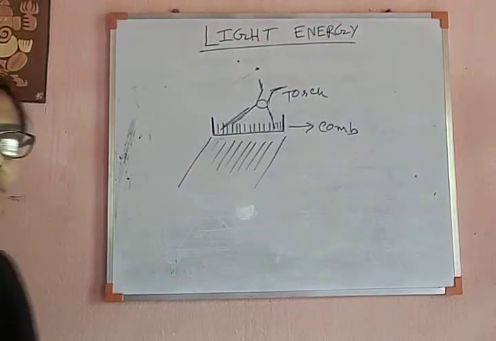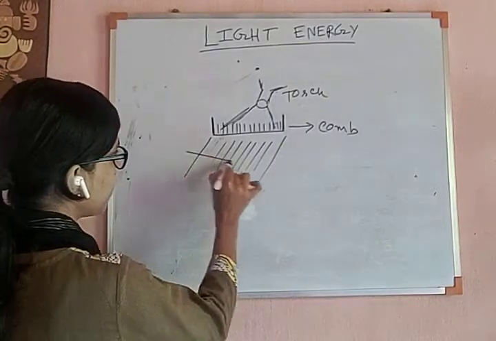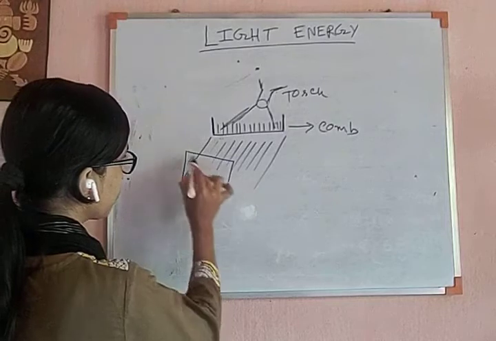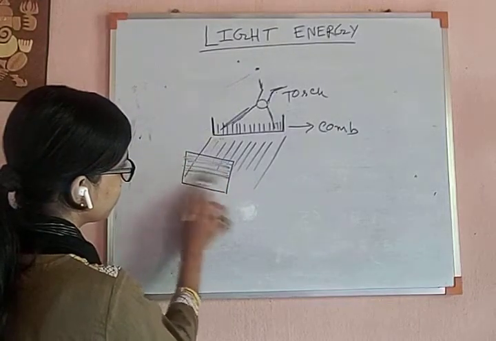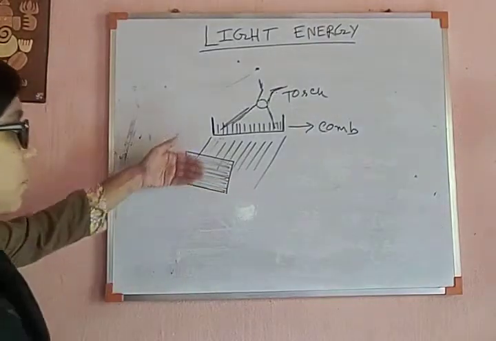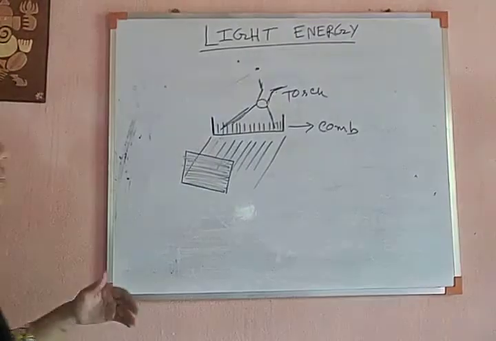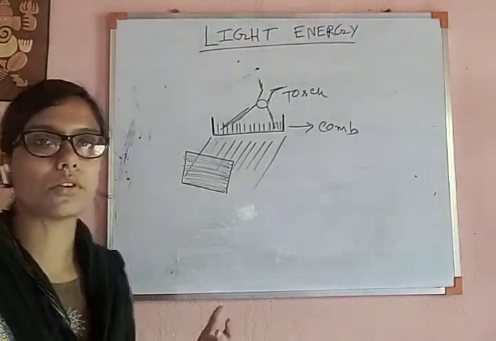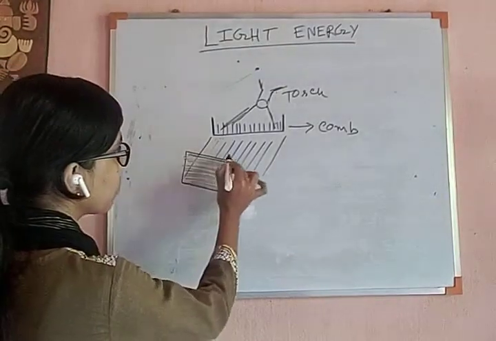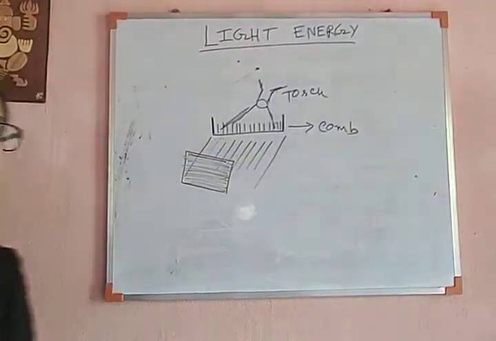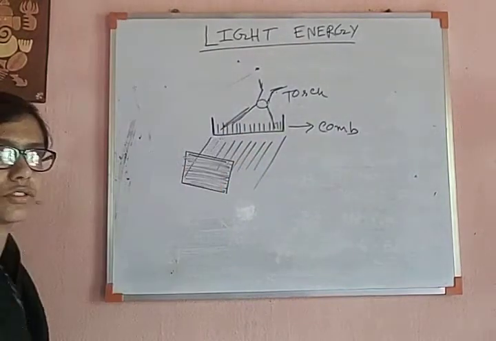Now we keep a mirror in this portion. This portion is opaque for the mirror, and the shiny face, the reflecting portion, is kept towards the comb, that is, towards the torch.